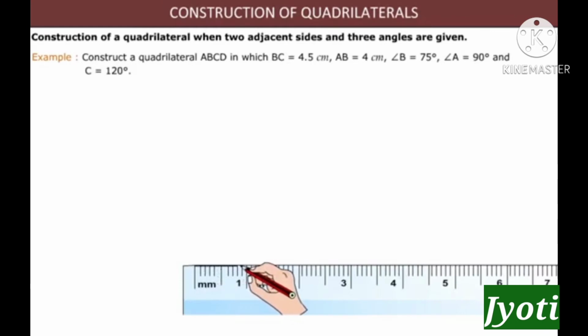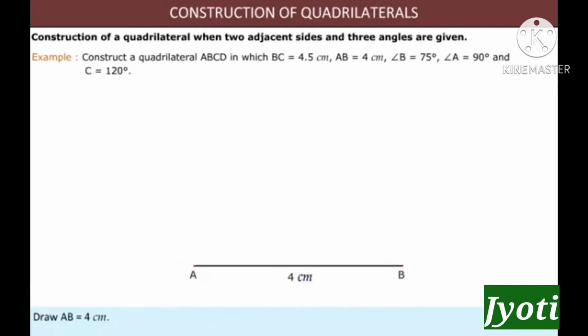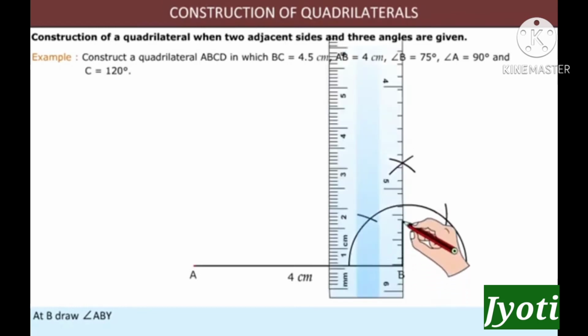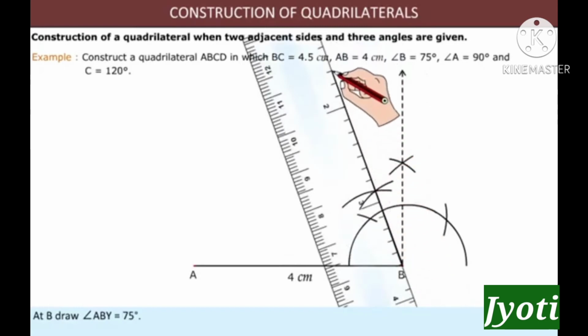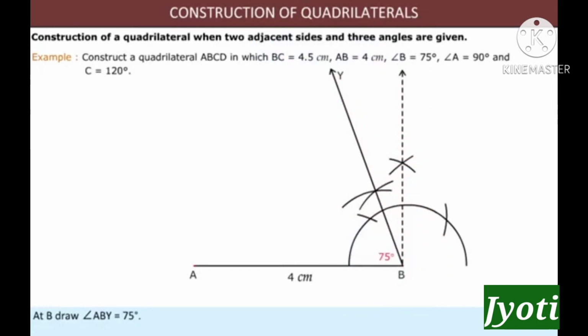Solution: draw AB is equal to 4 centimeters. At B, draw angle ABY is equal to 75 degrees.